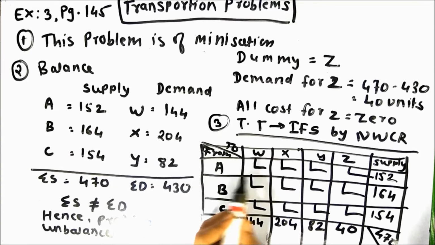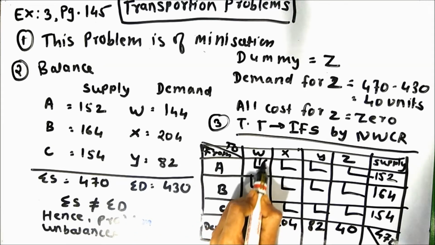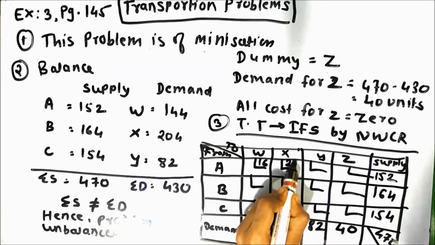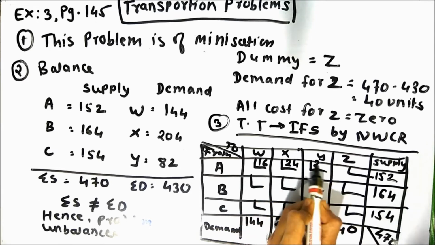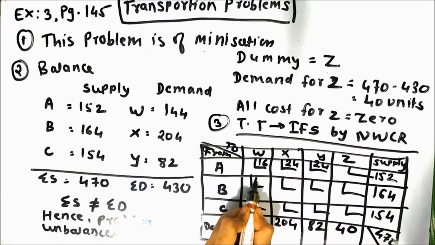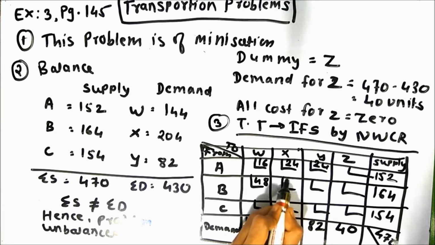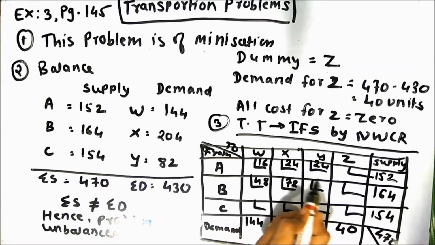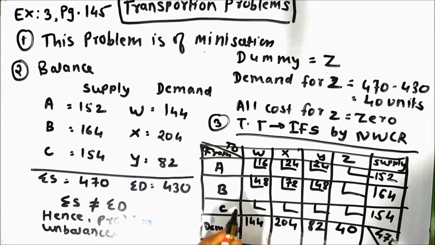Let me write the cost, which is 16, 24, 24, then 48, 72, 48, 24, 48 and 72.